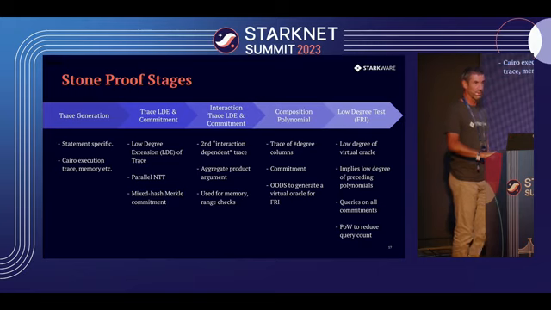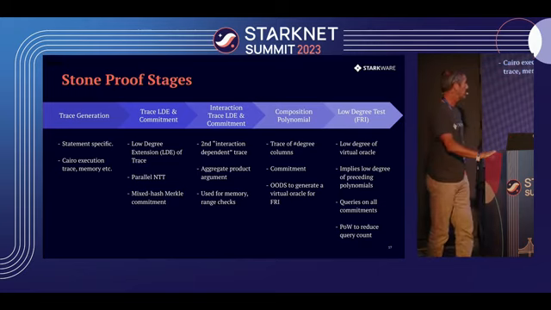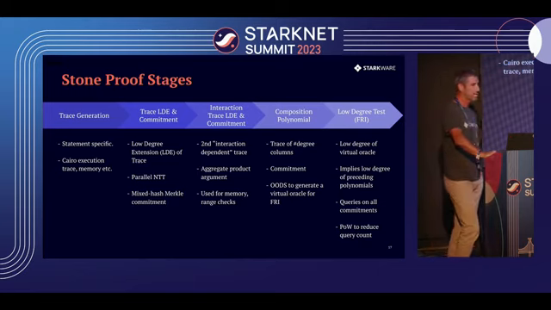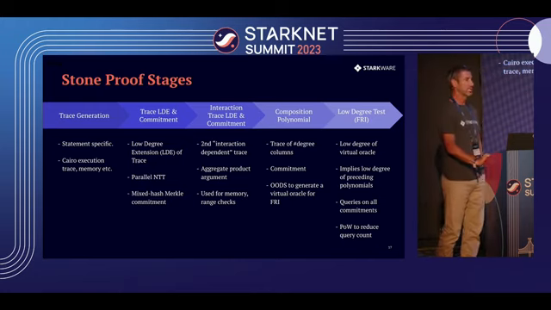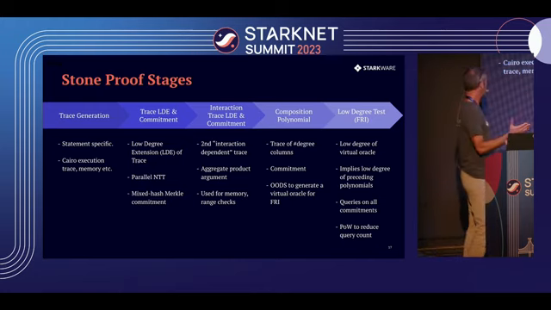We use FRI for low-degree testing, and the low-degreeness is tested on this virtual oracle. This is the only polynomial that we apply the test to, but in turn, it implies the low-degreeness of all the preceding polynomials. Which means that we basically prove the low degreeness of everything from the beginning, including the trace, of course.